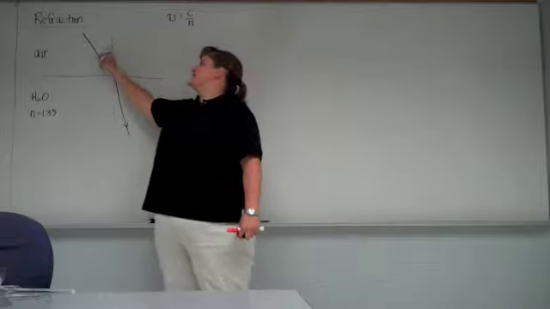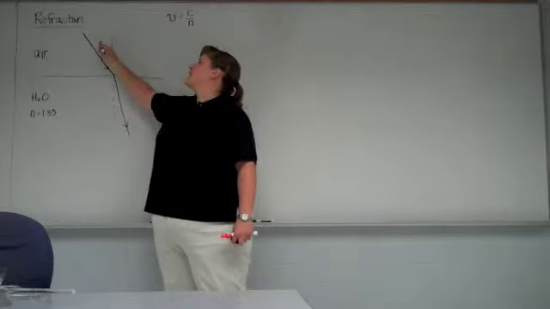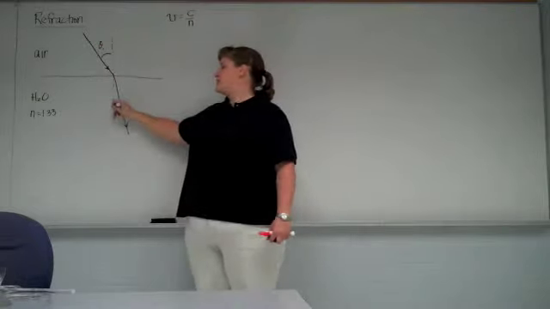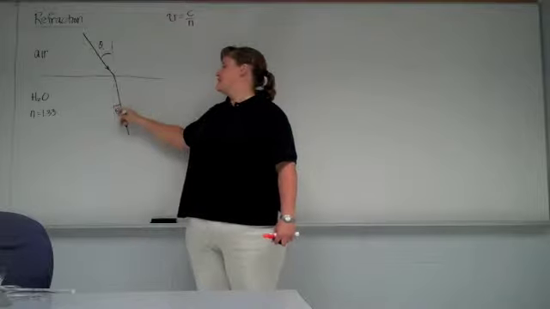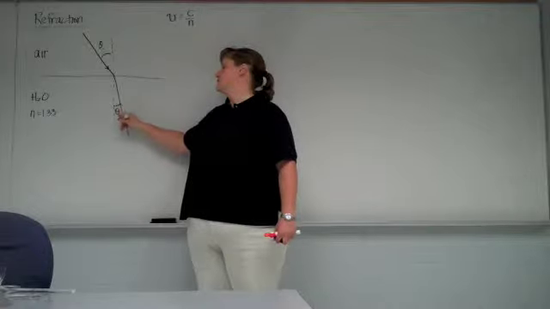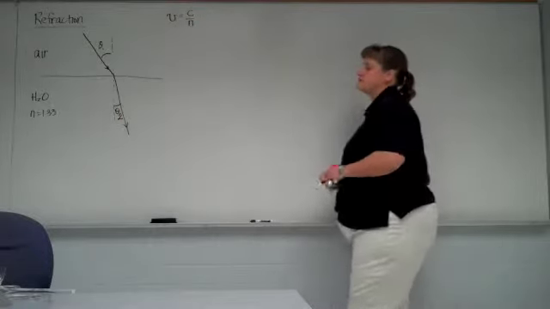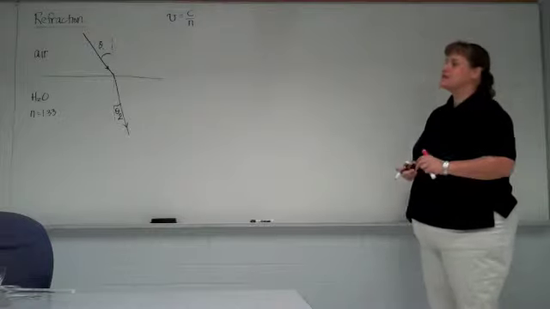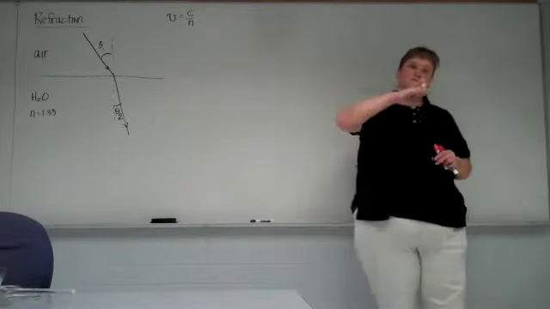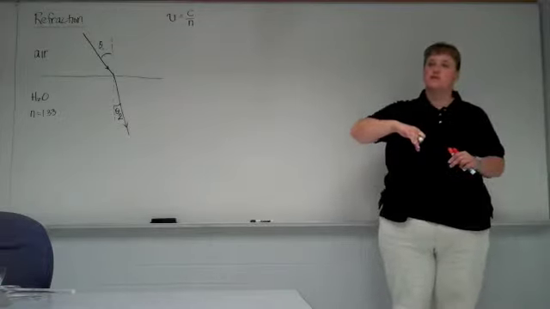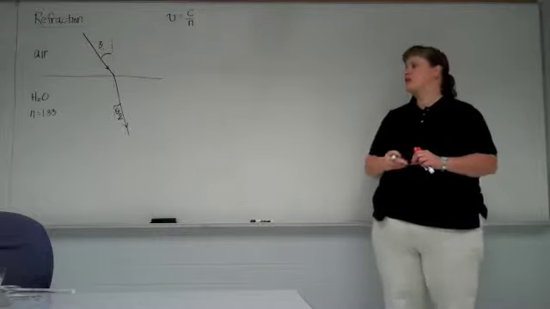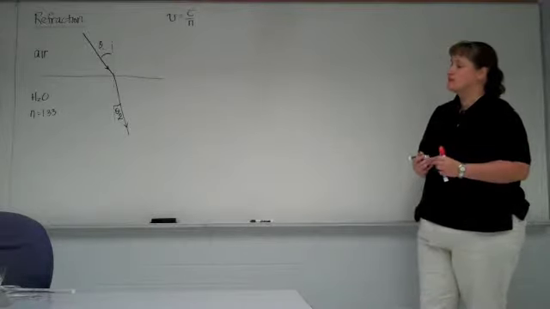So this incident light ray, I'm going to call it theta 1, is bigger than this refracted light ray. Let's call it theta 2. Since the light slows down, it gets bent in towards the normal. So you end up with a smaller angle than what you started with.